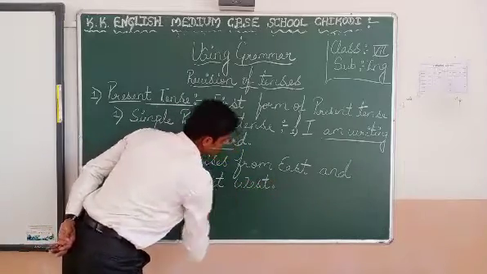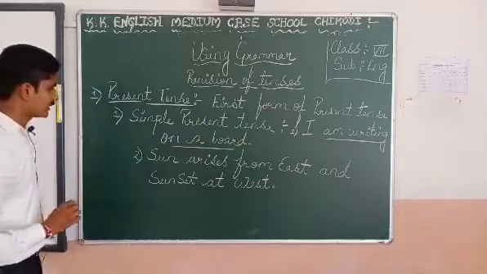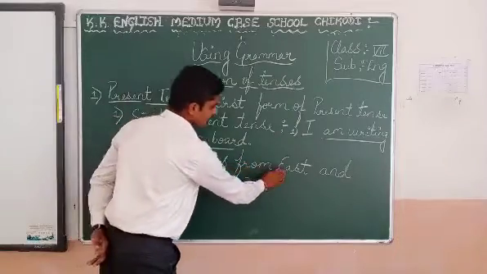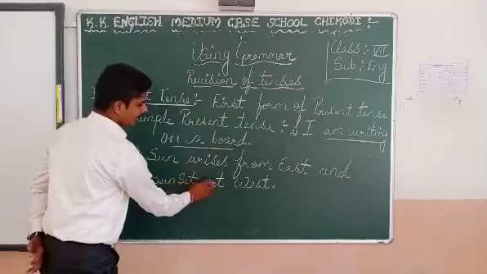See this sentence. What you are getting from this sentence? Sun arises from east and sunset at west.